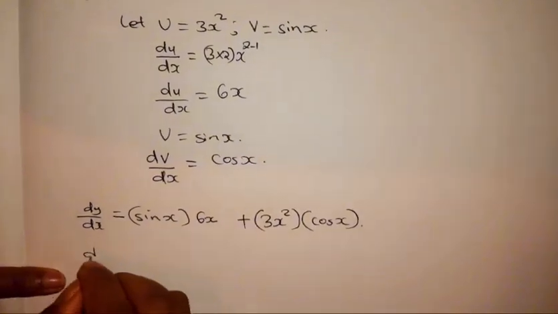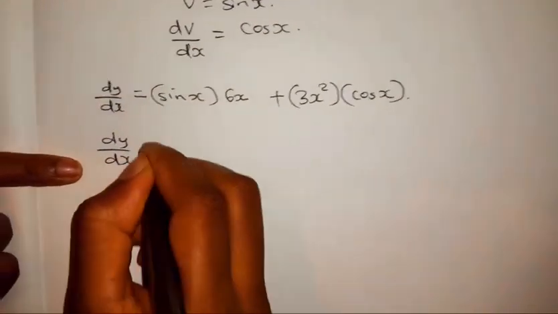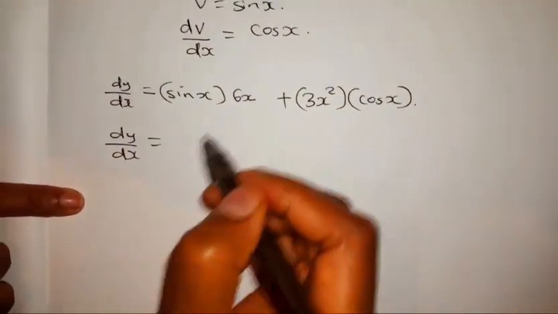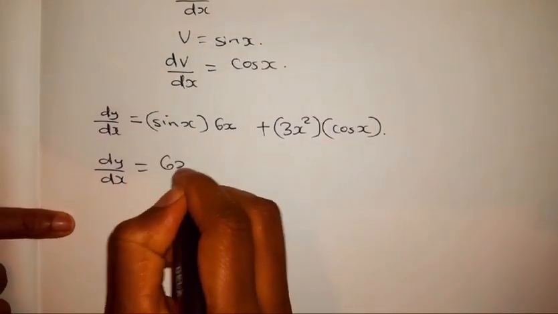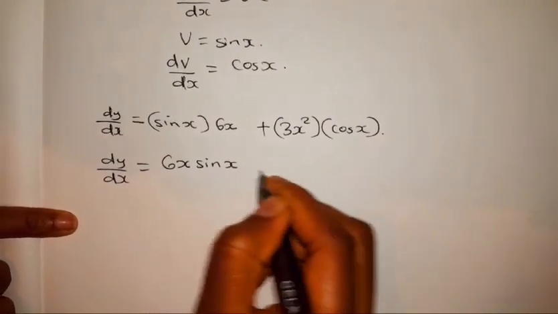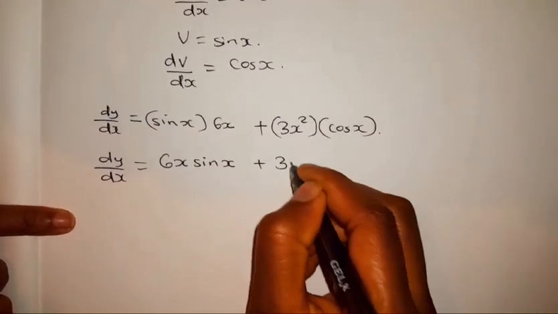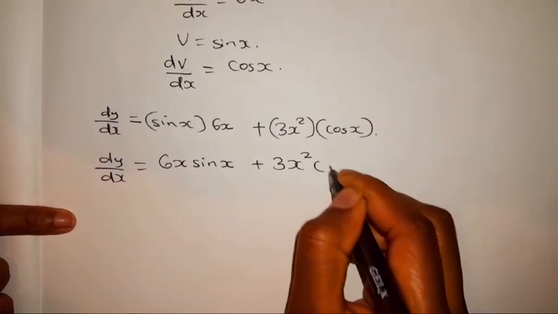With this, dy/dx will be sine x multiplied by 6x, which is 6x sine x, plus 3x squared cos x.